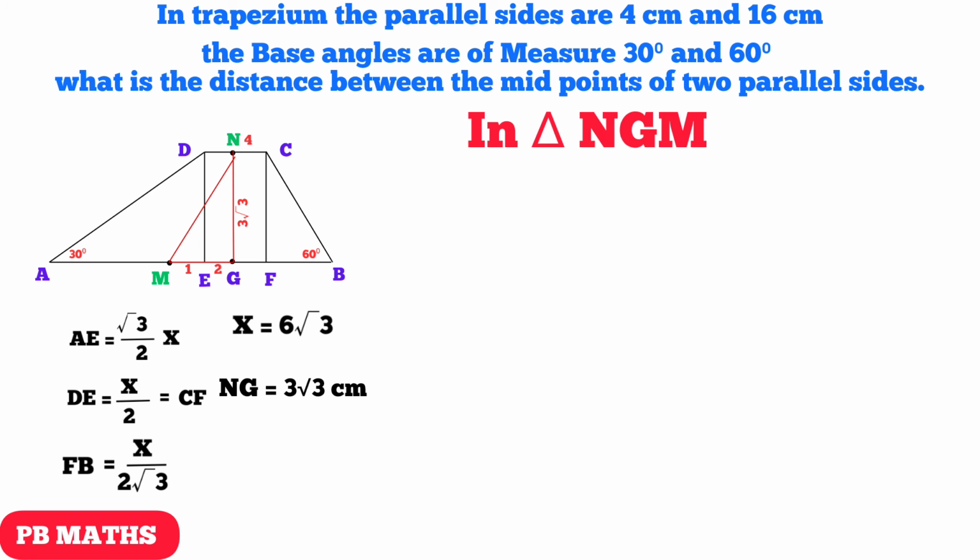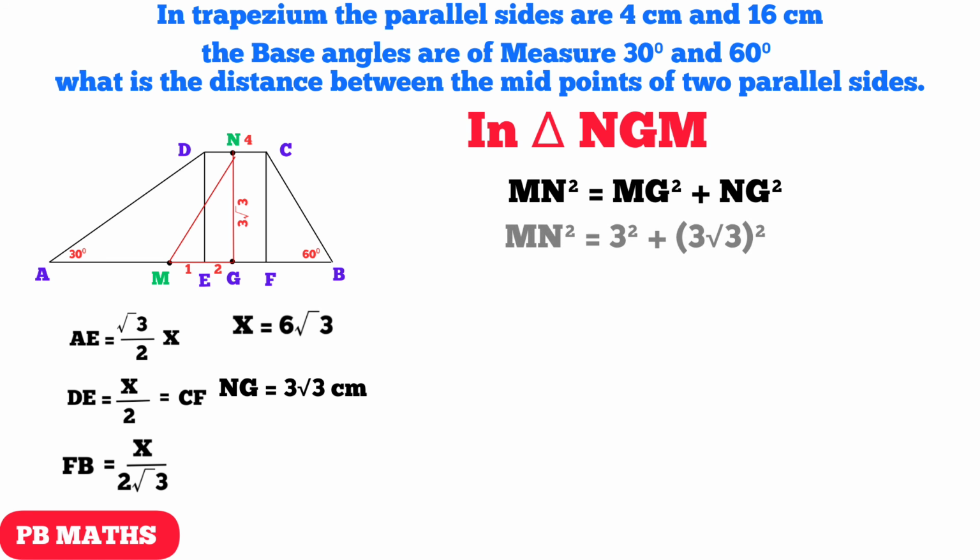With the help of Pythagoras theorem, we can write MN square equals MG square plus GN square. Length of MG is 1 plus 2, that is 3 square, plus the length of GN is 3 root 3 whole square. By simplifying this, we get 9 plus 3 square into root 3 whole square, that is 9 plus 9 into 3.